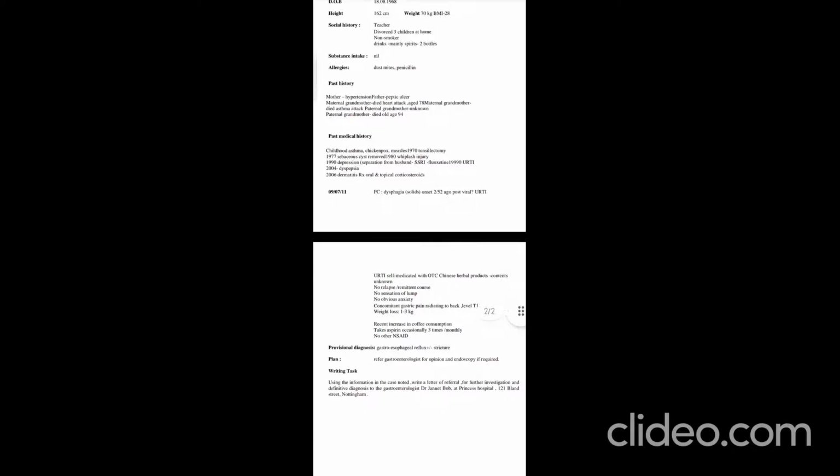Past medical history: childhood asthma, chickenpox, measles, 1970s tonsillectomy, 1977 sebaceous cyst removal, 1980 whiplash injury, 1990 depression, 2004 dyspepsia, 2006 dermatitis, treated with oral and topical corticosteroids. On 9/7/2011, the presenting complaint, and according to the situation we can take it as patient compliance too: dysphagia, solid food only.